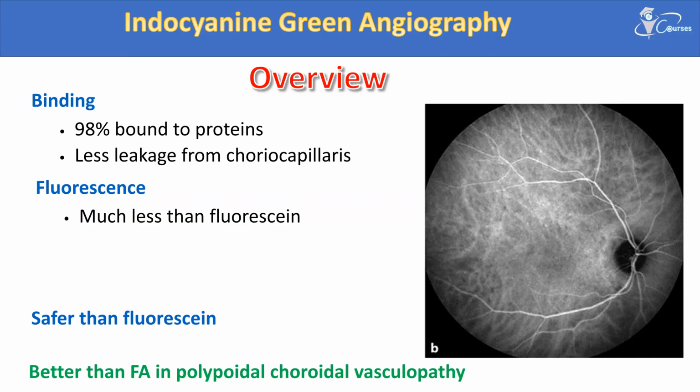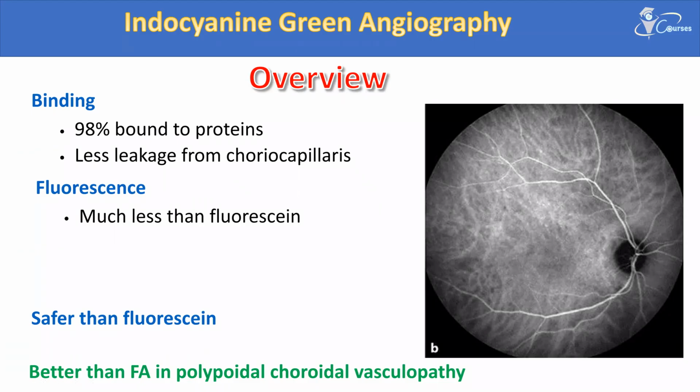The advantage of indocyanine green is that it utilizes infrared light, which has a longer wavelength, and this will be able to delineate the choroidal circulation better. Also, 98% of the indocyanine green molecule is bound to proteins, so it will stay within the choroidal circulation.